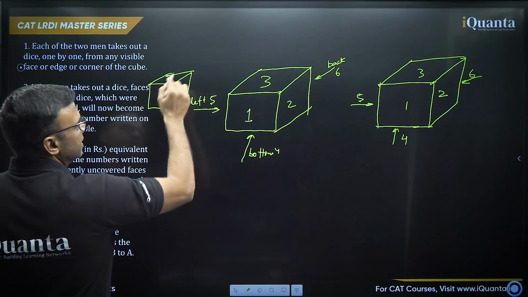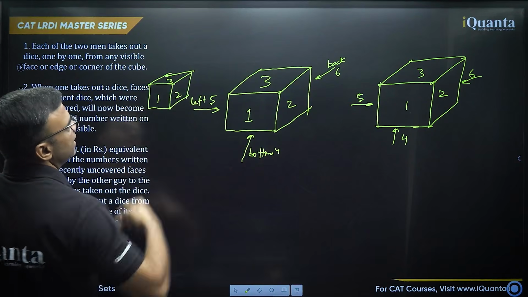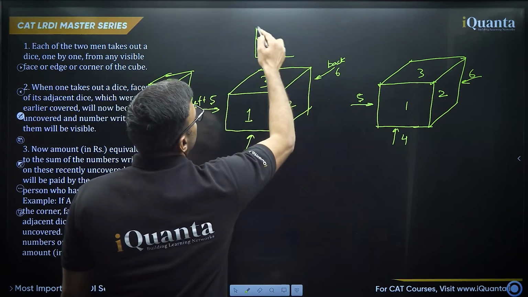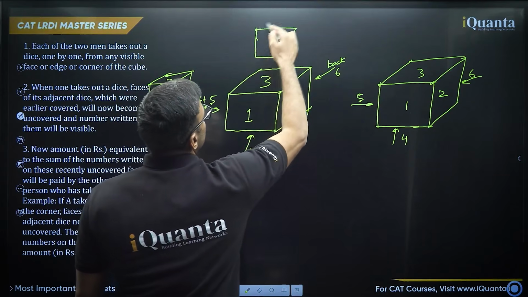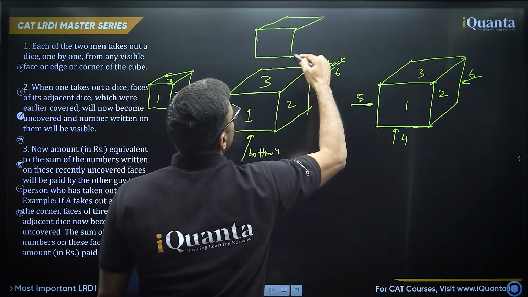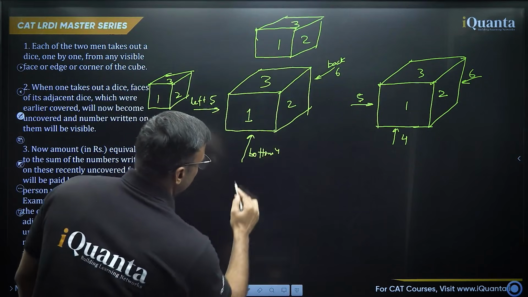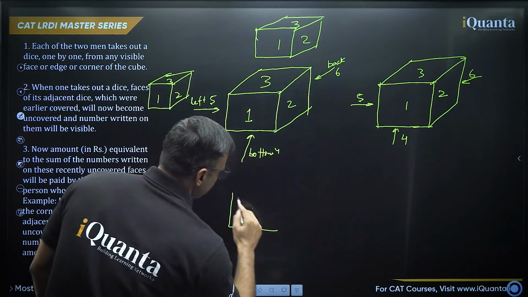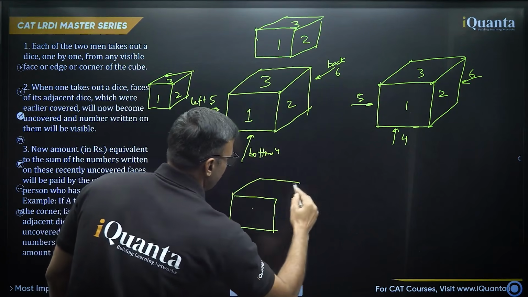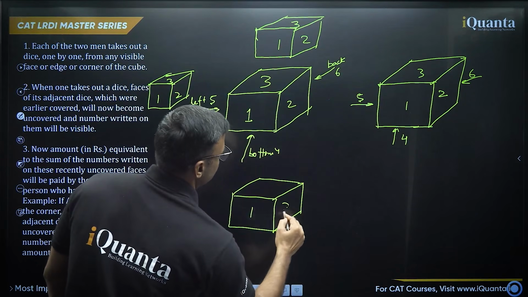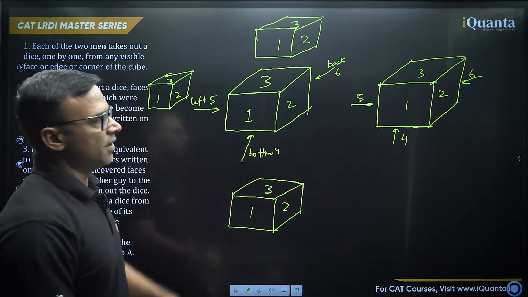The point is, the orientation is exactly the same. If I put one above this, that also has the same orientation. If I draw something below this, for all the cubes, this is exactly how it is going to happen. What you only need to identify is what is going to be exposed when you remove one of them.